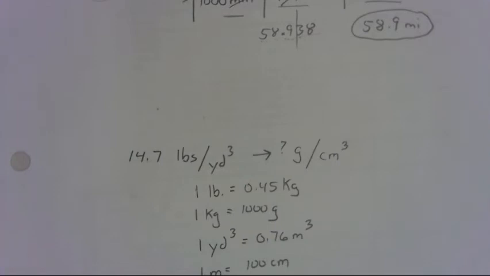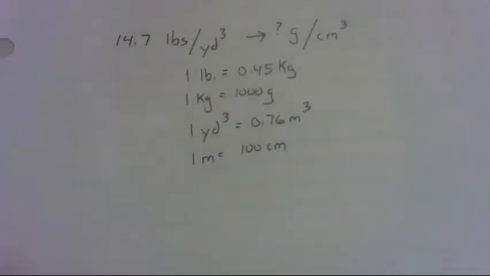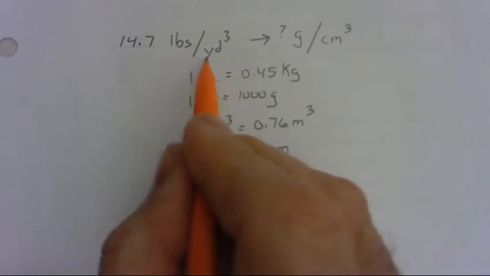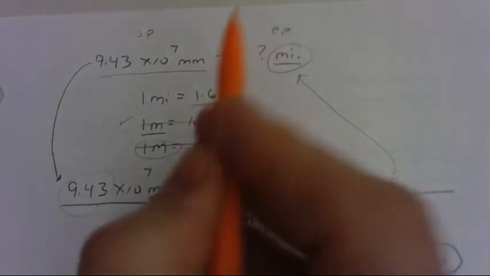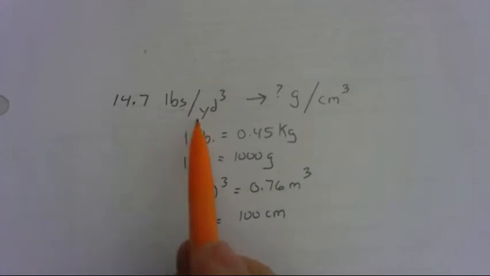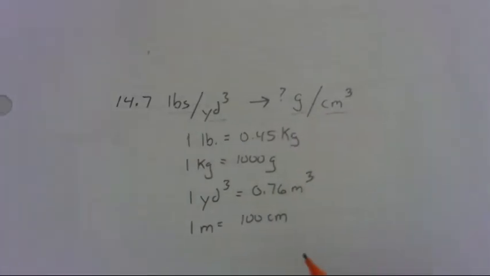Now the second question, make sure we do this. The second question is a bit more complicated. This one uses a compound unit. Up here, we just had a single unit, a regular unit, millimeters. Here, this is using a compound unit, pounds per cubic yard, whereas this is grams per cubic centimeter.